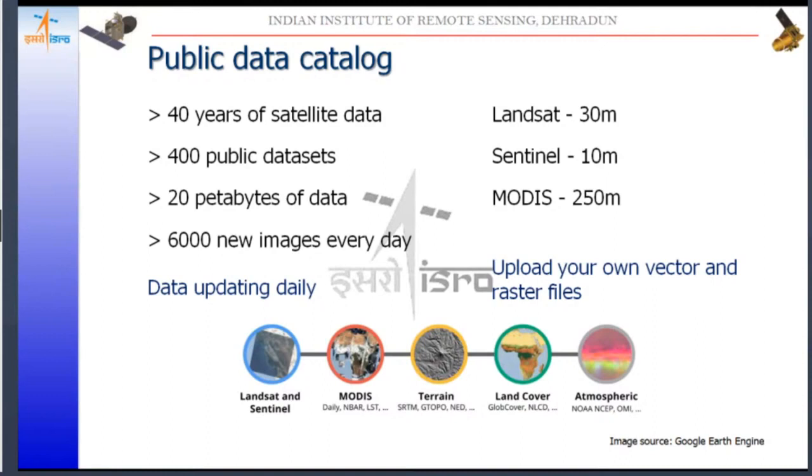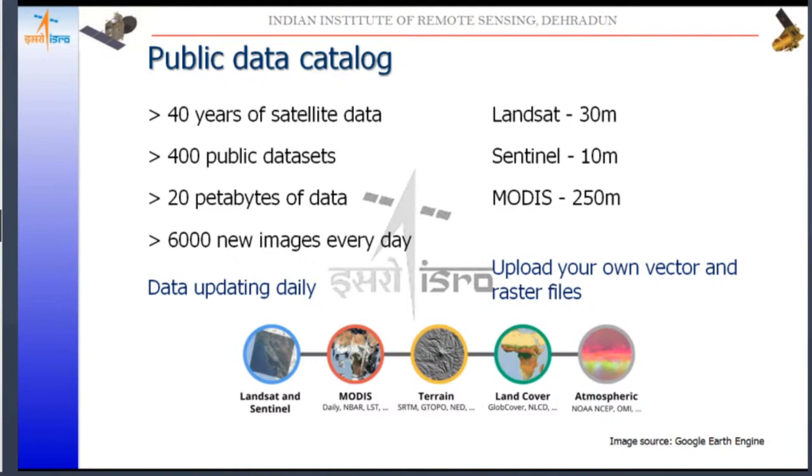Usually the time lag between the acquisition of an image and its ingestion into the Earth Engine is 1 to 2 days. That means if an image is acquired by a satellite today, it would be ingested into the Earth Engine by tomorrow, or certainly by the day after tomorrow. This varies from dataset to dataset.